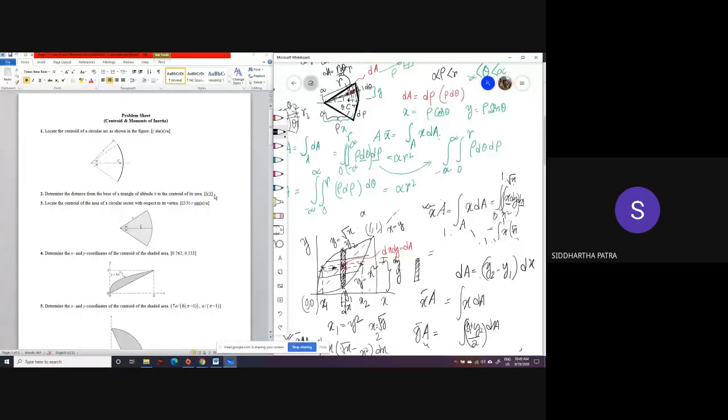Depending on what type of differential area you are taking, you should be doing all sorts of manipulations. Taking this (y1 plus y2) by 2 will only work for a rectangular element when you are trying to get the centroid. When you are trying to get the moment of inertia, you are not integrating y dA, but y squared dA.